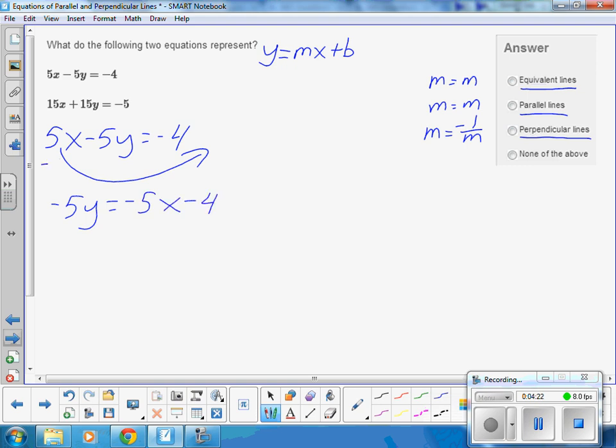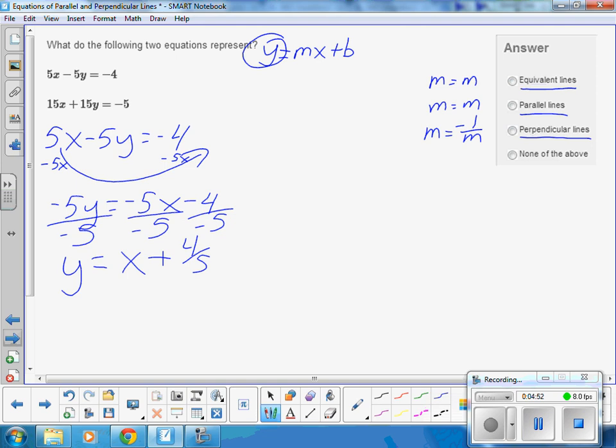Remember to do that, we subtract 5x from both sides. Okay. I have negative 5y. I need to have just one y. So I have to divide everything by negative 5. So then I get y equals 1x plus 4/5. So that is the top equation written out in y equals mx plus b form.